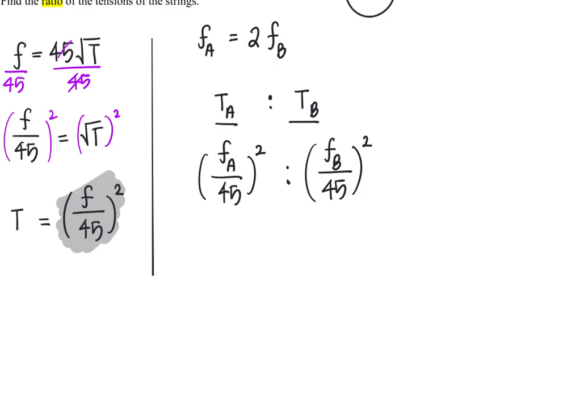And then remember, we realized that this frequency of A is actually 2 times the frequency of B. So Mr. Tan is going to substitute frequency of A as 2 times frequency of B, as shown here.